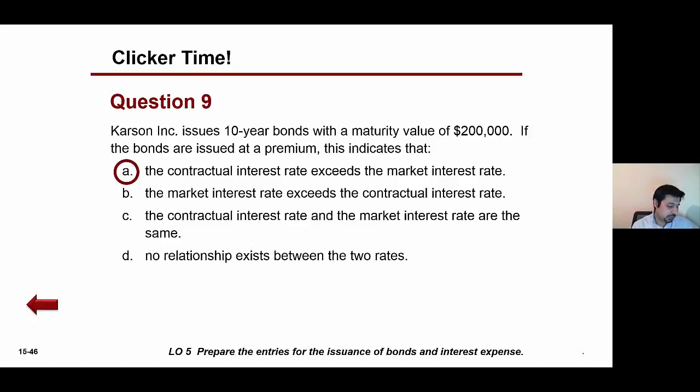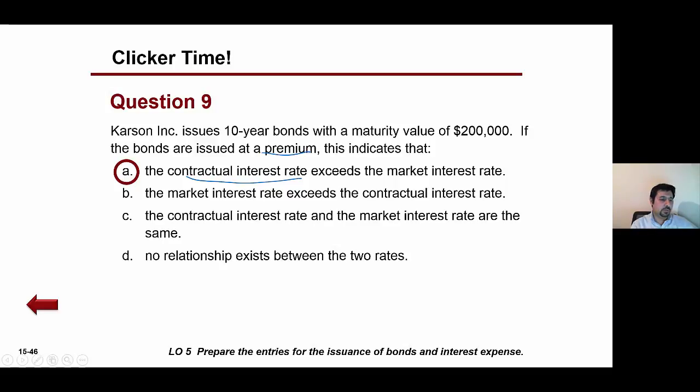When the company issues the bonds at a premium, it means that the bond's interest rate, which is the contractual interest rate, is greater than the market interest rate. If the market interest rate is greater than the contractual interest rate, the company will be selling bonds at a discount.